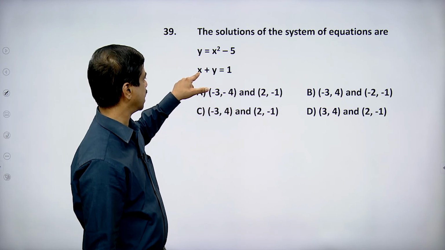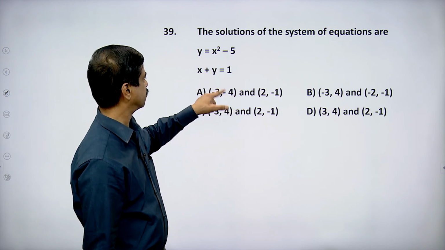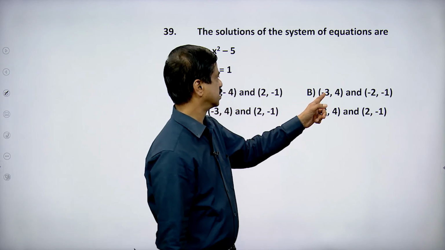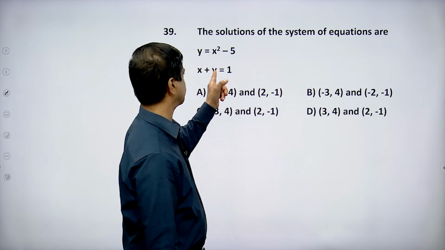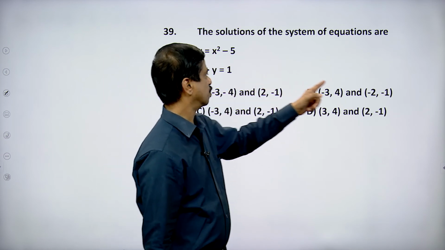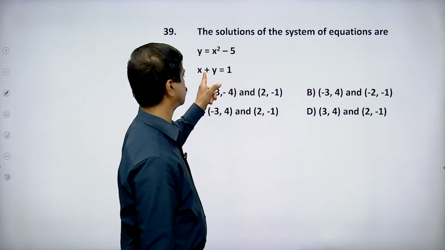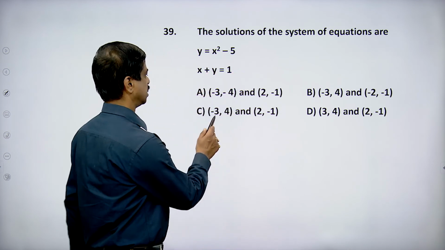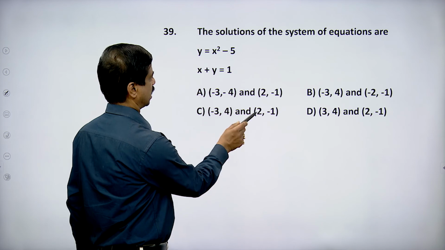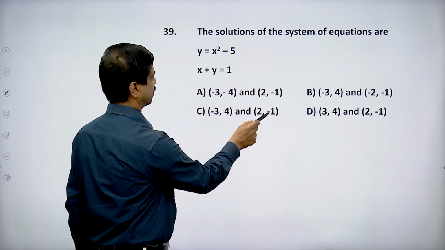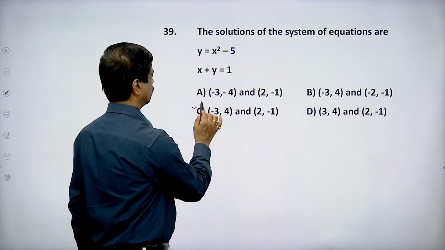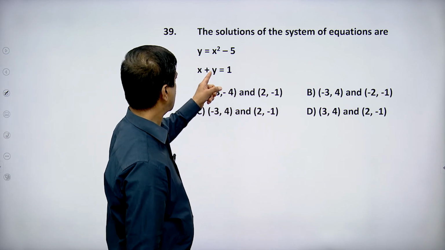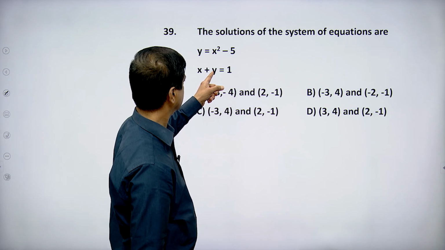If x is minus 2, y is minus 1, wrong. So minus 3, 4 is right, and x is 2, so y is minus 1, this is satisfied. So by substitution, both of these points are satisfying this equation.